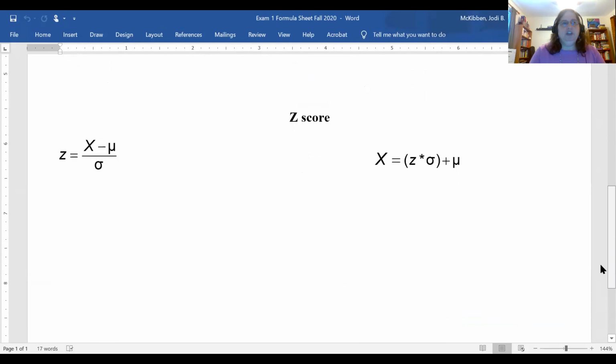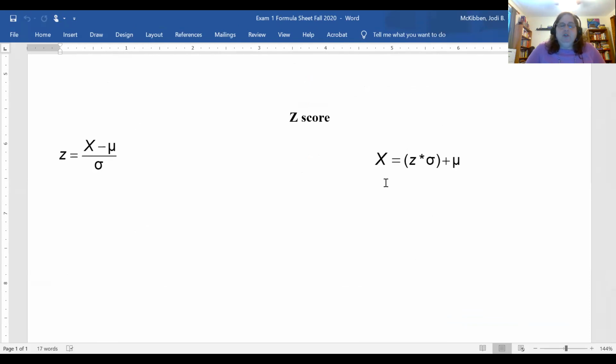So looking down, we know it's one of these 2 formulas by the Z-score, right? We know it has something to do with Z-scores. On the left, we're trying to calculate a Z-score. On the right, we're trying to calculate an X, a raw score. So we are going to use the formula on the right.